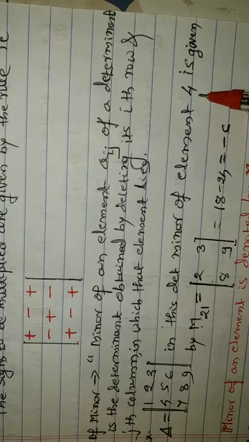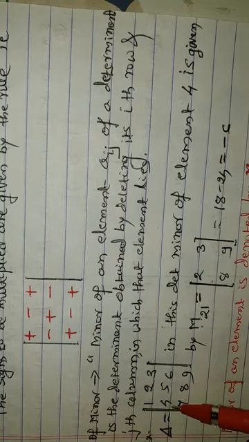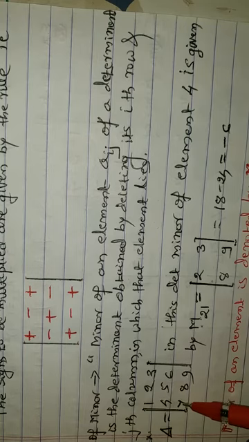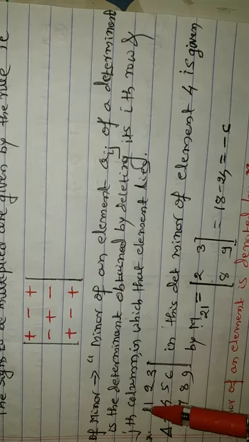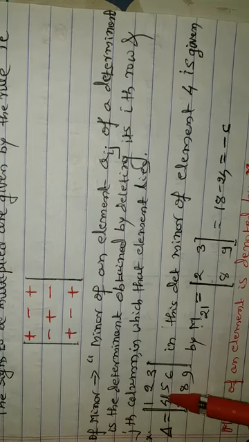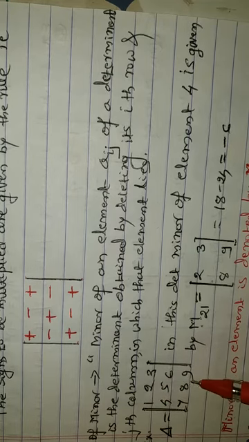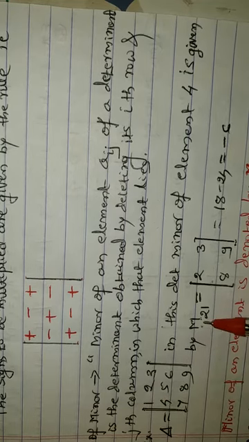The minor of element 4 is given by, according to the definition, you leave this row, the second row, and the first column. Whatever elements remain, 2, 3, 8, 9, that is the minor of element 4, M21.